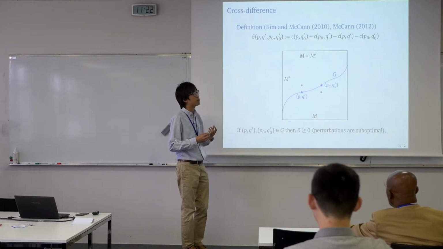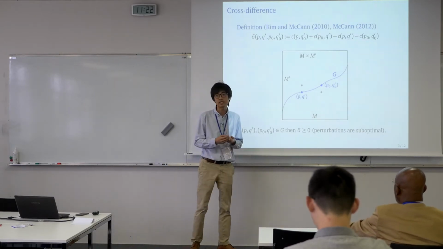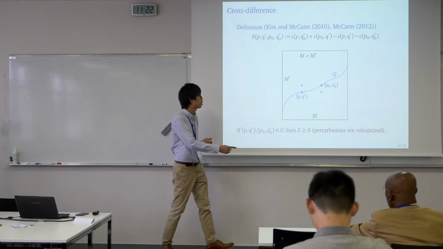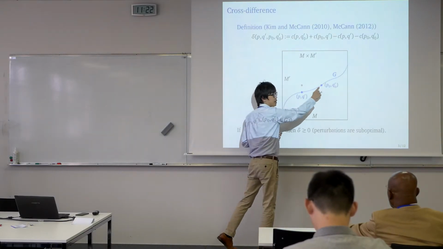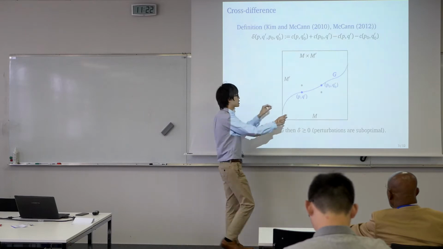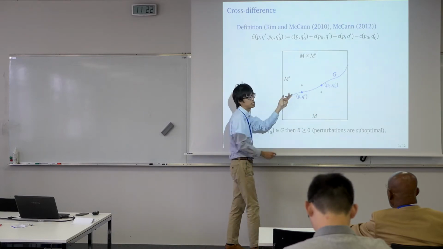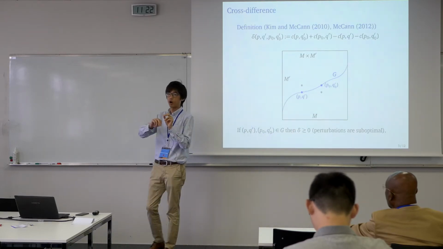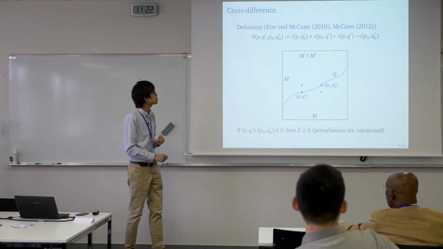And this is how we define the cross difference. Suppose that I take two pairs of points in the product space. I have one pair and another pair. In general, the two points can be anywhere in the product space, but here I show where the two points are on the graph of the optimal transport.